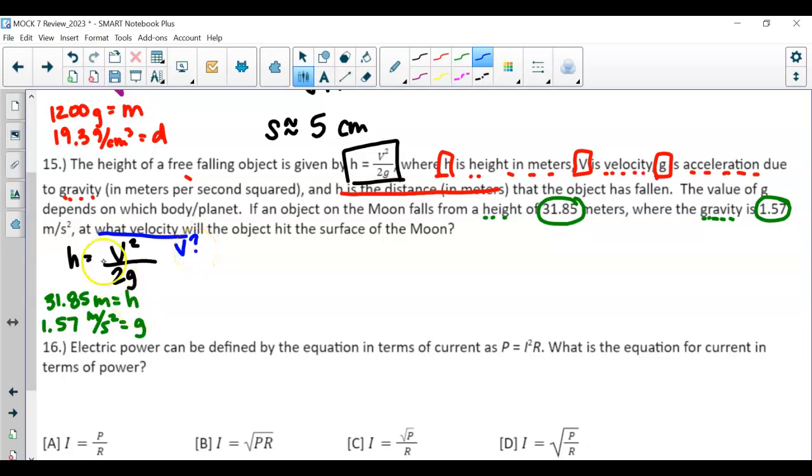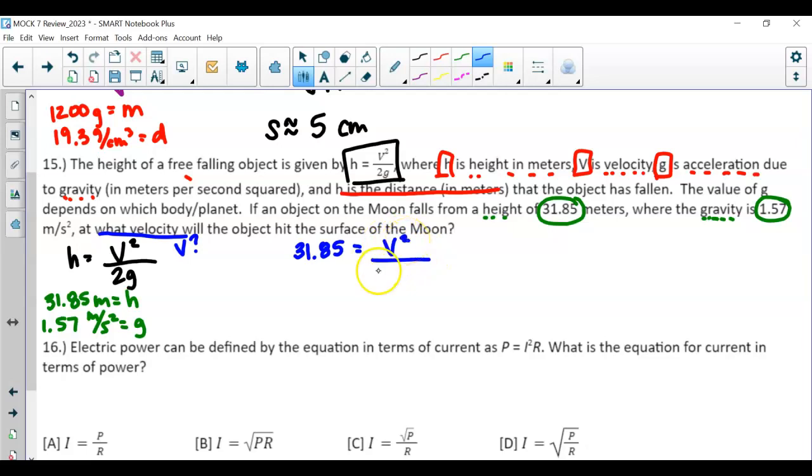So let's make sure that we plug into our formula correctly. H is equal to 31.85, because that's your H here. That is equal to V squared divided by 2 times G, which is 1.57. We don't know what V is, that's what we're solving for, so you leave it.